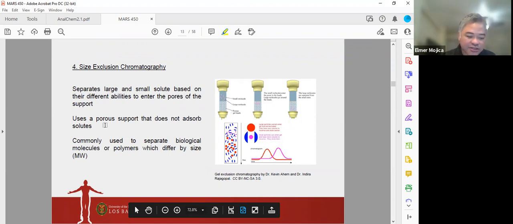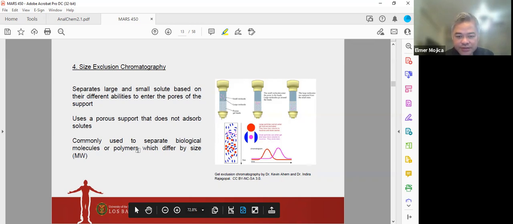So you have a porous support that does not adsorb the solute. I have personal experience using this one when I was doing my MS thesis. So they commonly use size exclusion chromatography to separate biological molecules or polymers which differ by size or molecular weight.